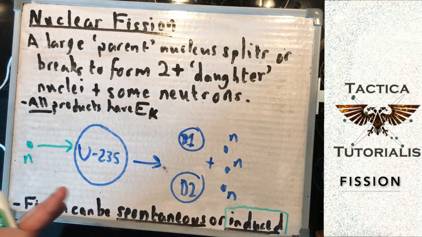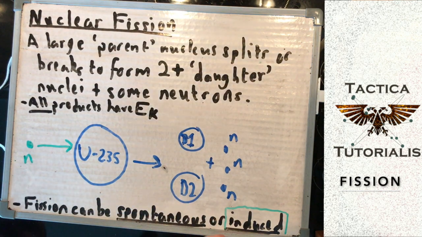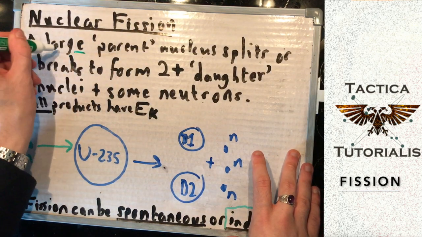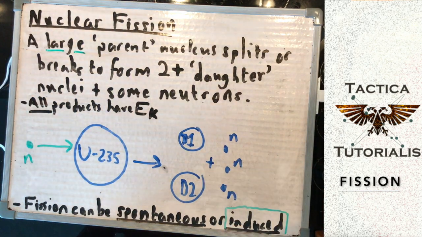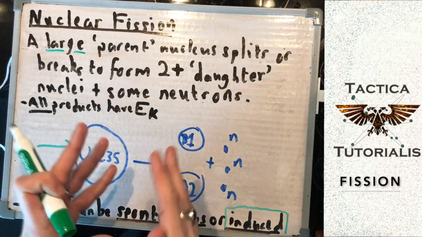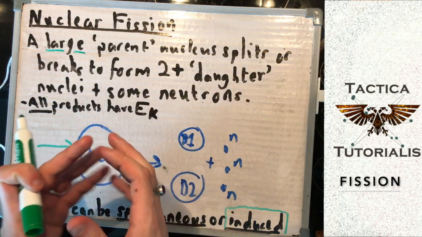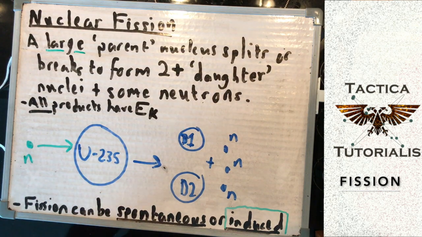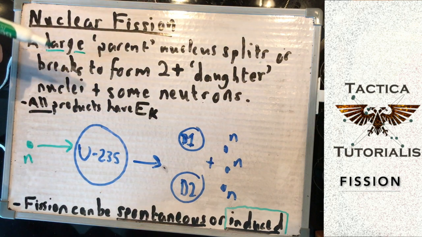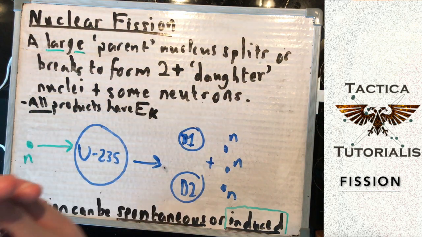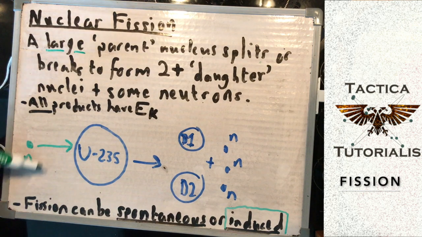This all happens because of instability, because you need to have a large nucleus. We talked about this in our alpha decay section a few lessons ago. We talked about the idea that large nuclei struggle to hold themselves together because of the forces between them not being strong enough to overcome electrostatic repulsion. Well, in this case, it's even worse. It's so bad that they might just break on their own. And if you add another neutron into the mix, it's even worse.